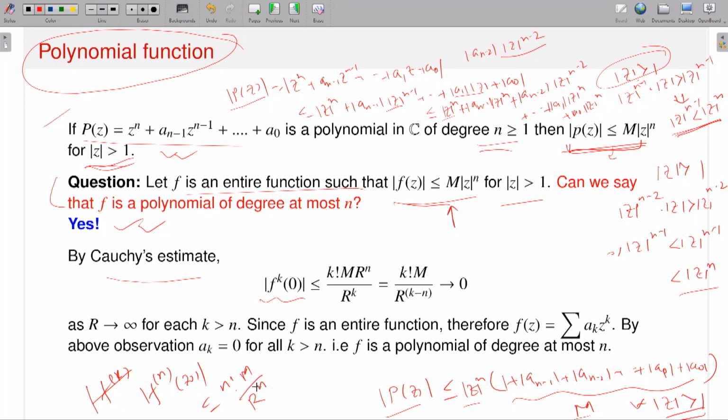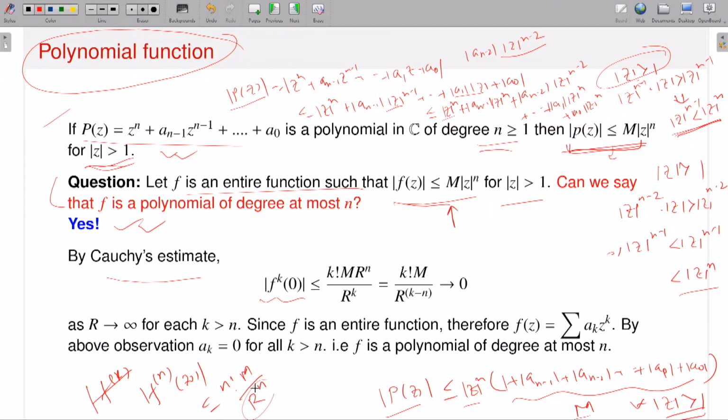R is the radius of the contour, the circle of center z0 and radius r, so therefore this r factor is there. But what is M? M is the supremum or maximum of absolute of f of z, where z runs over C_R. What is C_R? C_R is the contour where mod z minus z0 is exactly equal to R. So this you know.